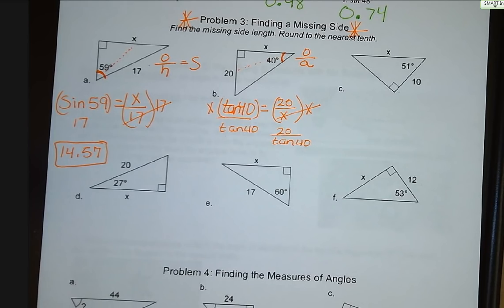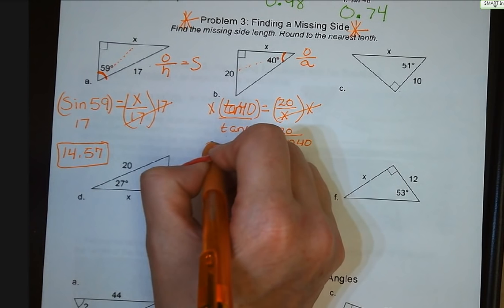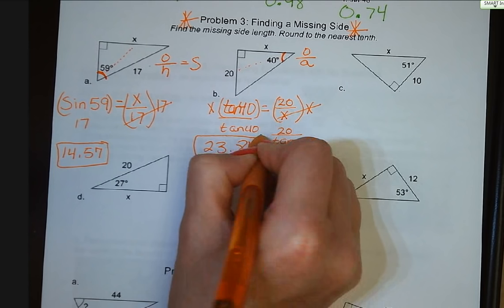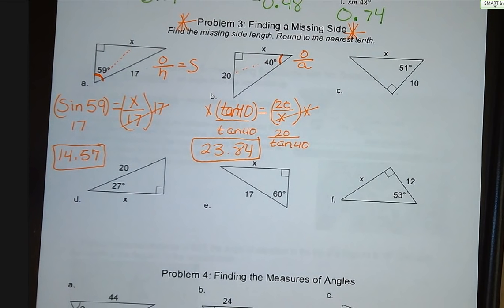20 divided by tangent of 40. You get 23.84. Okay. Letter C, what do we know?